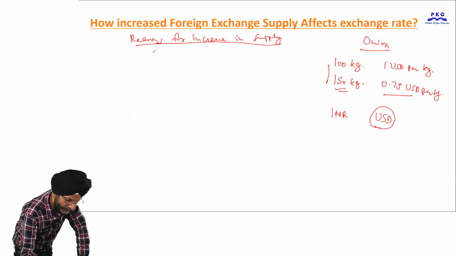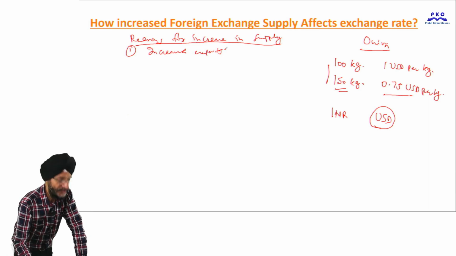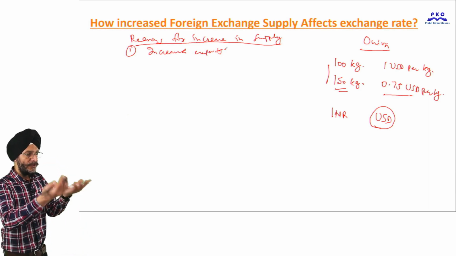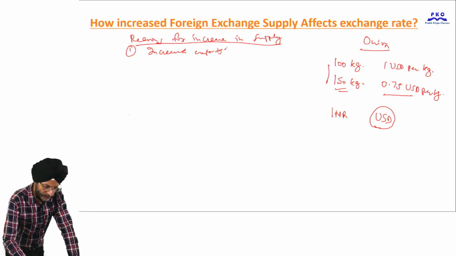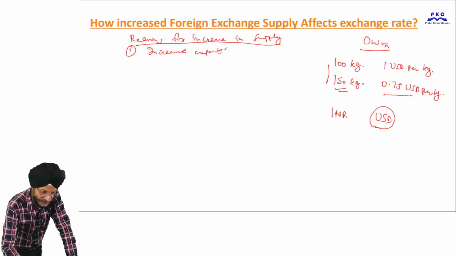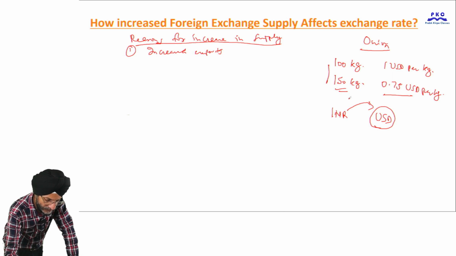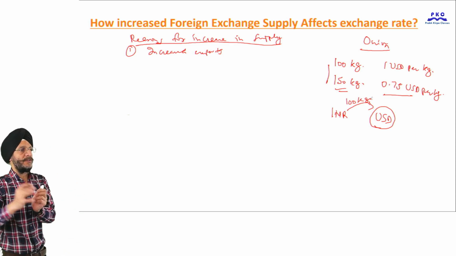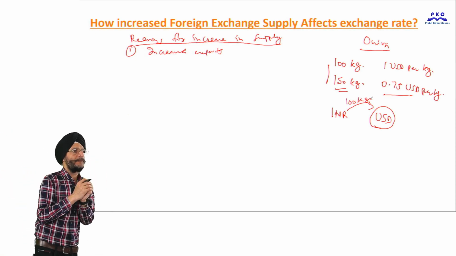It may be possible that exports have increased. We are from India. Suppose we were earlier sending exports of, say, 100 kg of goods to the US. We are taking only an example here.